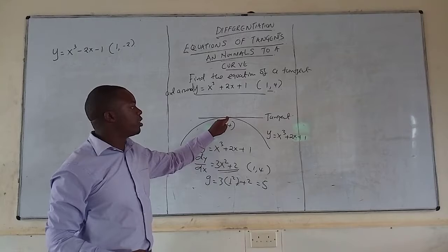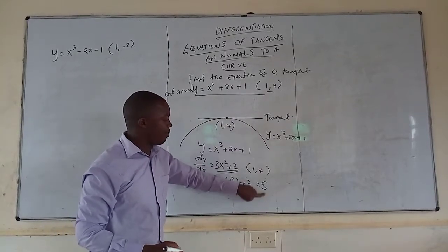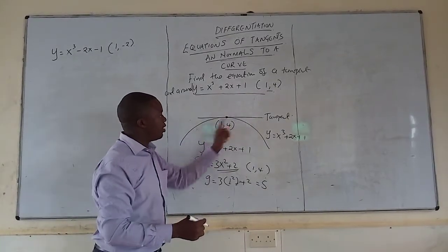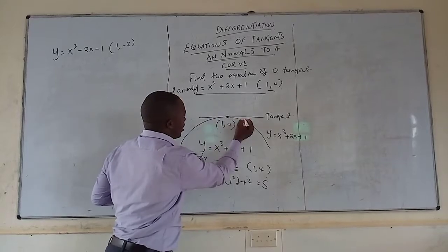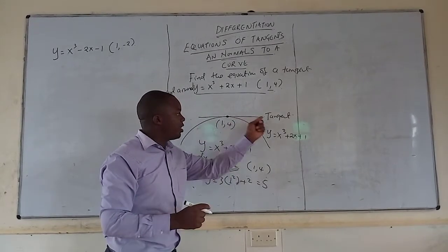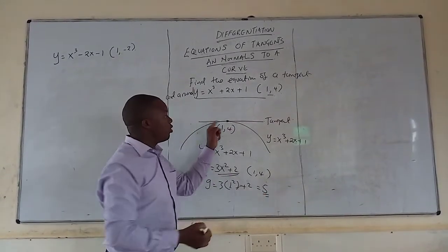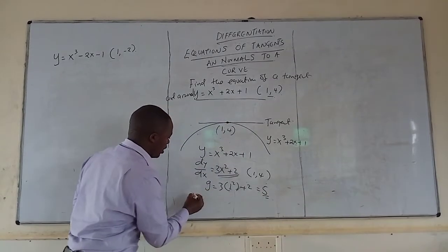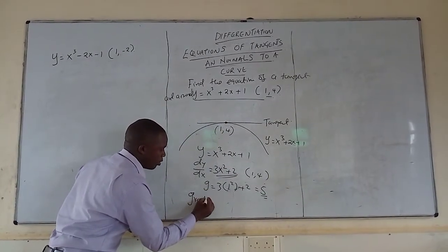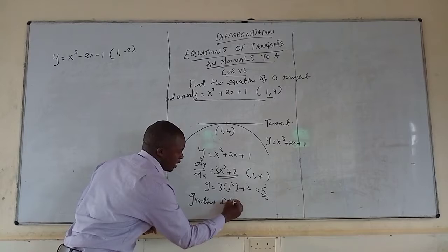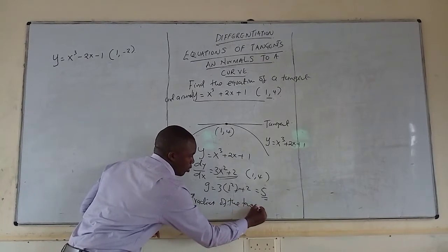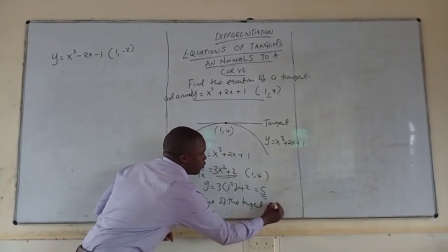So at this point, the gradient of the curve is 5, and because this curve is touching the tangent, it means the gradient of the tangent also has to be 5. So here I'll have the gradient of the tangent at that point to be equal to 5.